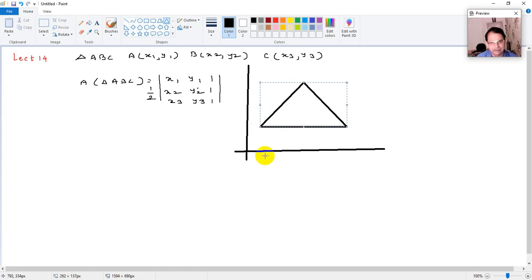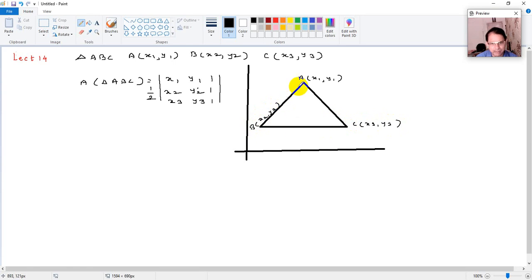Something like this. Now name these vertices: here it is A, and the coordinates of A are x1 y1. Then this is the point B, with coordinates x2 y2, and then the point C, x3 y3.